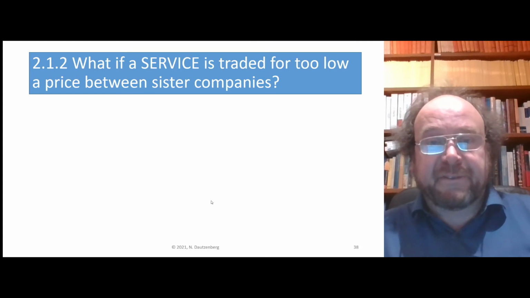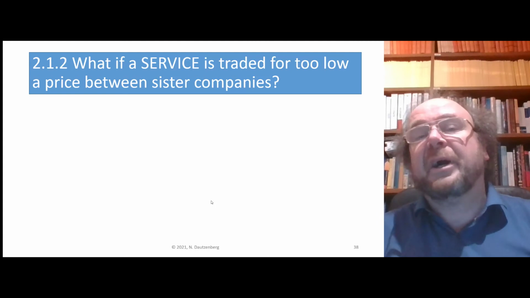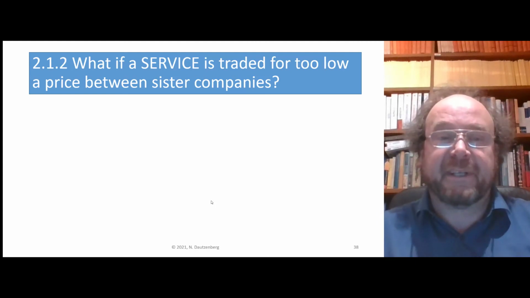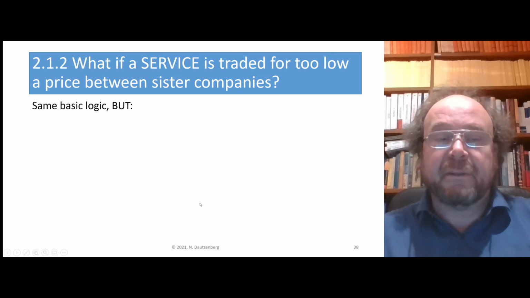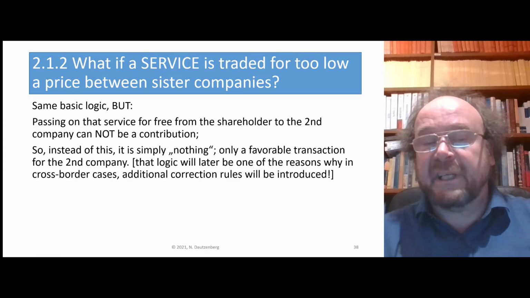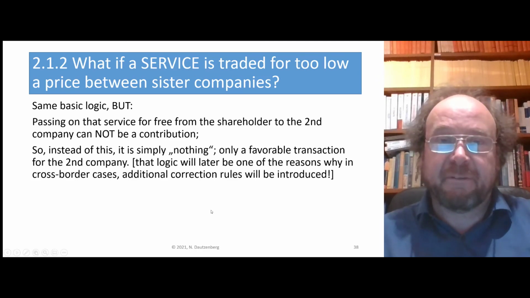Naturally, if a service is traded, we end up with problems to treat that passing on of a service into the second company as a contribution. In that case, the situation varies a bit. Then we have to think what we have to do.